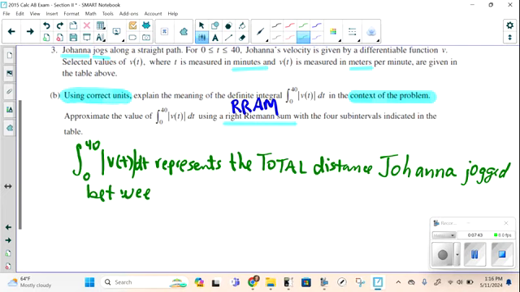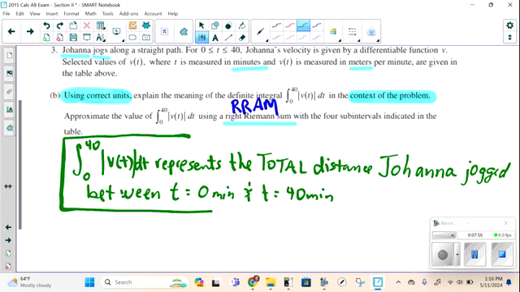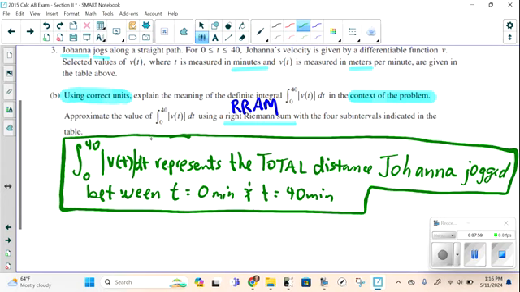Between time equals 0 minutes and time equals 40 minutes. That's it. Not only did we answer this first thing correctly, I mean, we aced it. That's the first part. Now let's look at the second part.